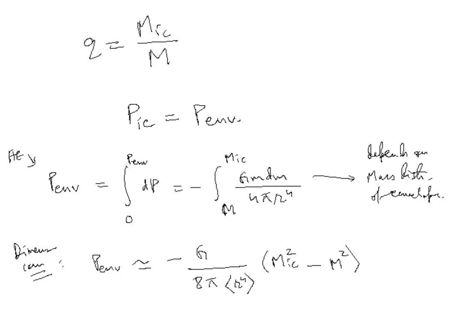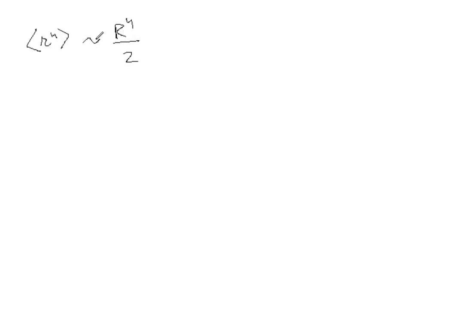So what I am going to do is this thing. I am going to assume that r average value of r to the power 4 is approximately half of the maximum value, right? This is number one.